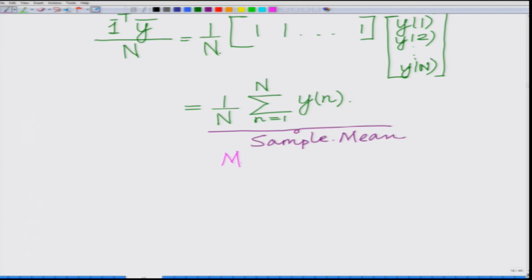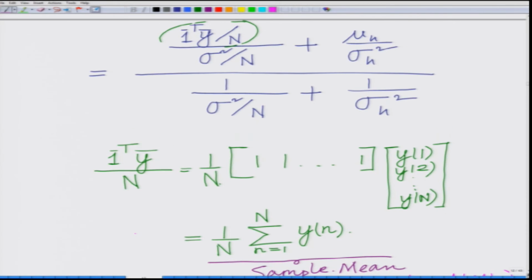Some people who have done the previous course might remember this is the maximum likelihood estimate. So, the first component, 1 bar transpose y bar divided by n, which is nothing but 1 over n summation n equal to 1 to capital N y of n, is basically the average of the observations.